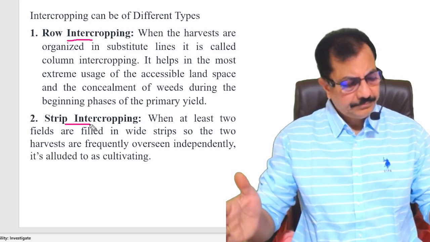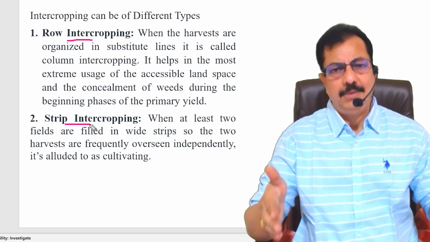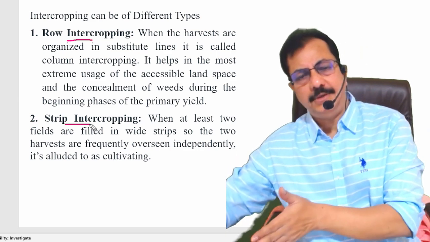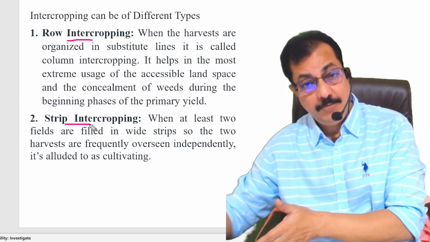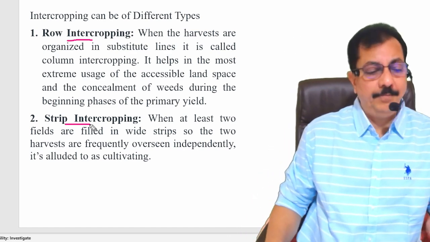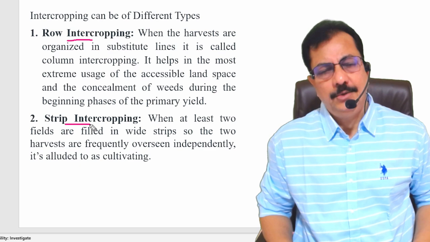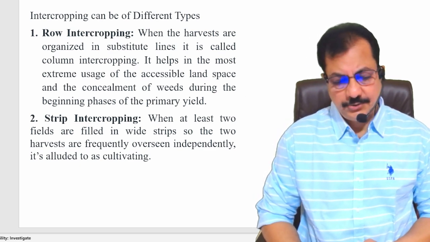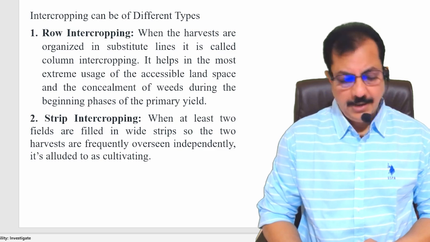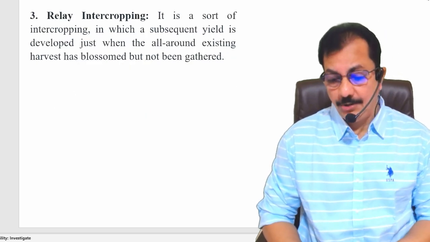Strip means a particular area, so you are going for one particular crop, and immediately after that you have another strip, and that is with respect to another crop. Clear? But when it comes to row intercropping, one row one crop, second row another crop. So like this you will be changing row wise, right? So this is the intercropping, and we have one more type, that is called relay intercropping.